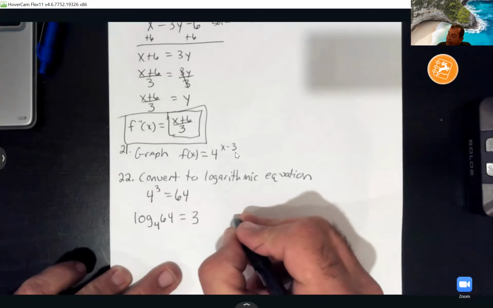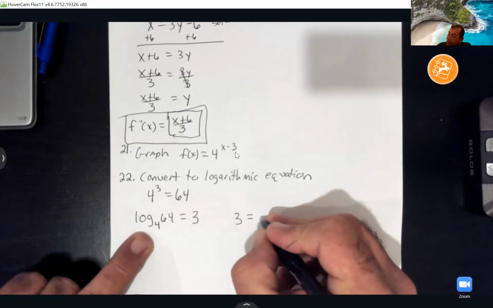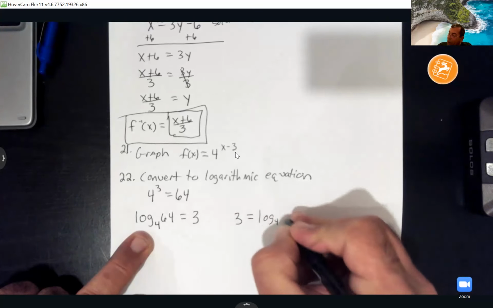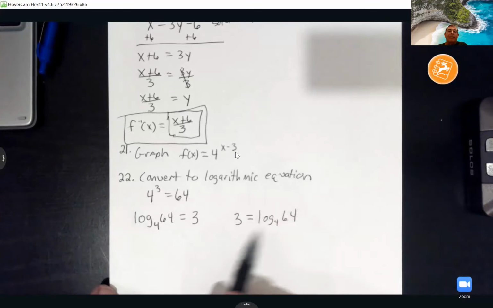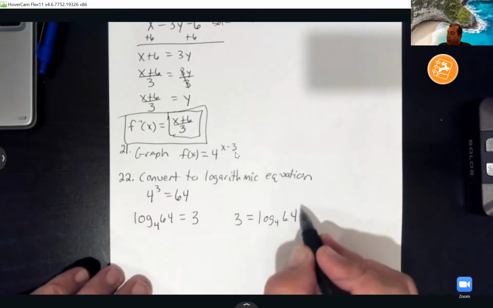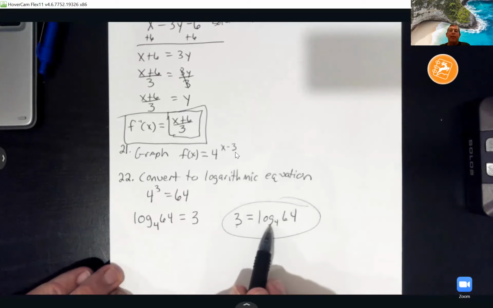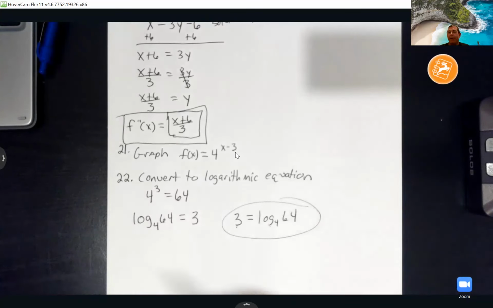Now on theirs, they got it in a different order. They got 3 equals log base 4 of 64. It's the same thing. They're just using a different order, using the exponent, then the log part. Either way works, but just remember they're flipping them around.